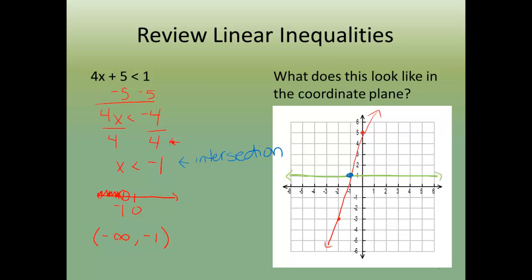Alright, well what about the less than? Well, if I want to talk about when this red line is less than the green horizontal line, I'm talking about when it's below. And it's below everywhere down here. So this is where the line 4x plus 5 is less than a y value of 1.